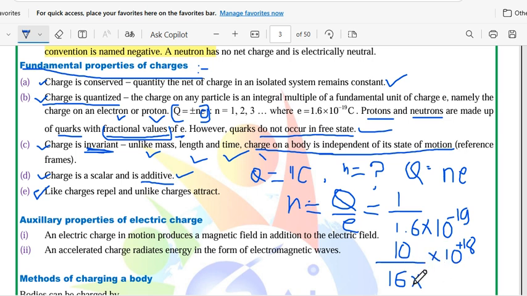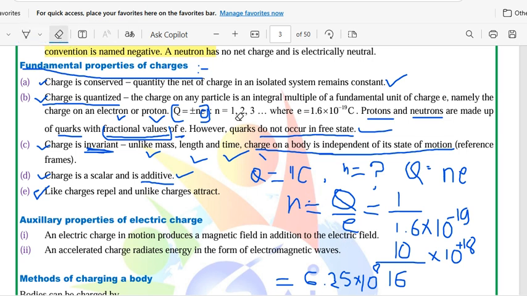So by this I have considered this. Then you can easily calculate this number, which is equal to 6.25 into 10 to the power of 18.